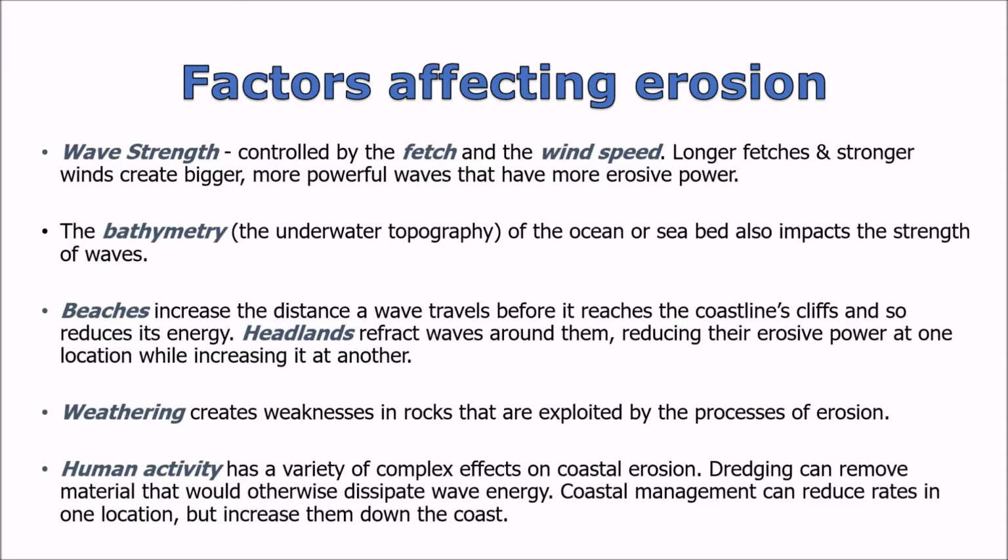Likewise for things like coastal management, if we install groins or seawalls in one location, while we might slow down the rate of erosion in that location, it's very likely that we would increase it elsewhere, particularly further downdrift along the coastline in other parts of the sediment cell. Those areas might experience greater rates of erosion because perhaps the transfer of sediment from one place to another isn't happening in the way that it normally might. So they're some of the main factors that influence the rate of erosion.